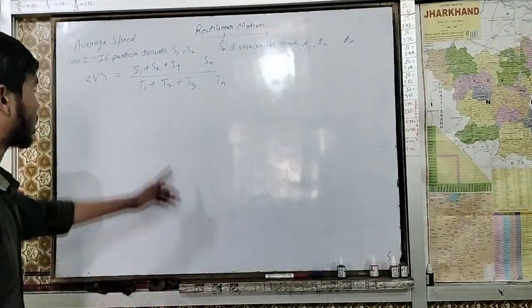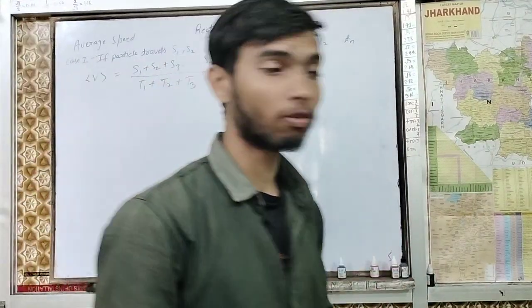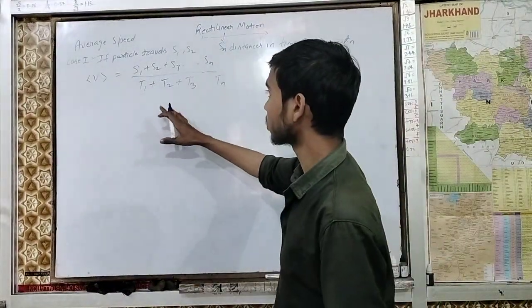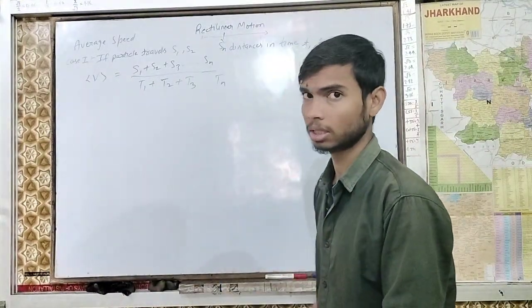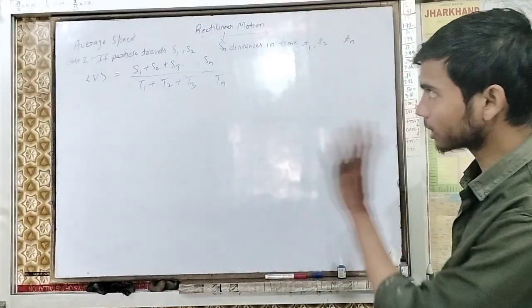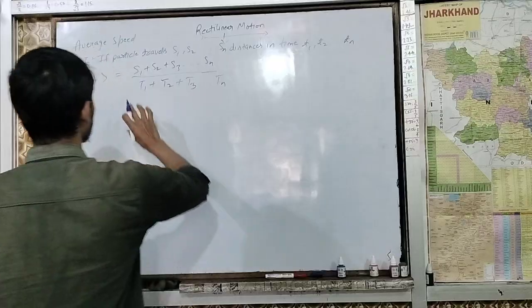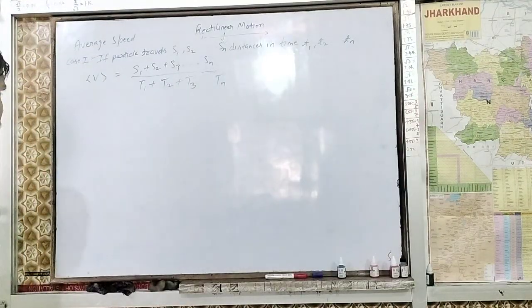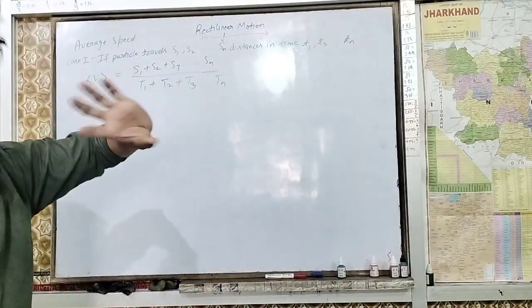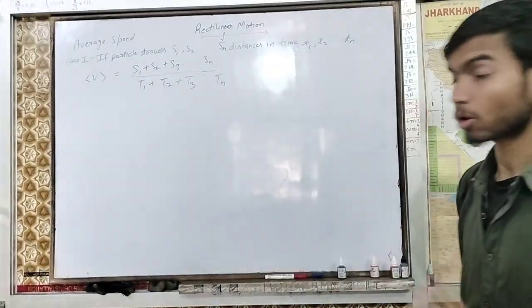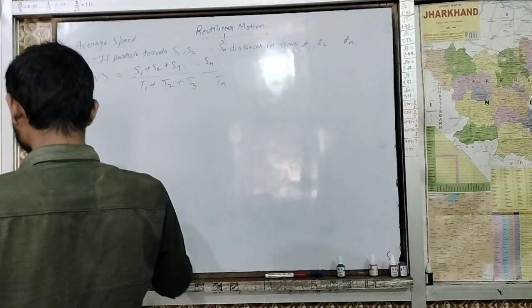Here the value of T1 will be something else, the value of T2 will be something else. That's why rather than writing T1 plus T2 plus T3 is equal to T, they are separate, not the same. So you just need to sum up all these distances and sum up the times. Then you know distance upon time. That's it. Next, case number second.